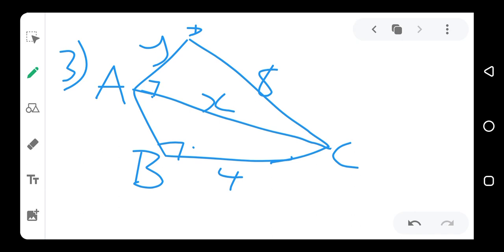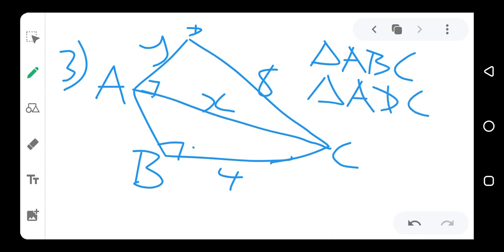In short, we have two triangles inside this shape: triangle ABC and triangle ADC. Two of them are right-angled triangles.